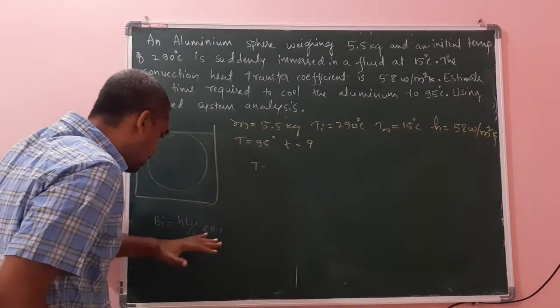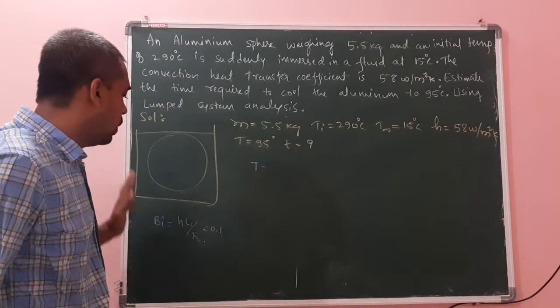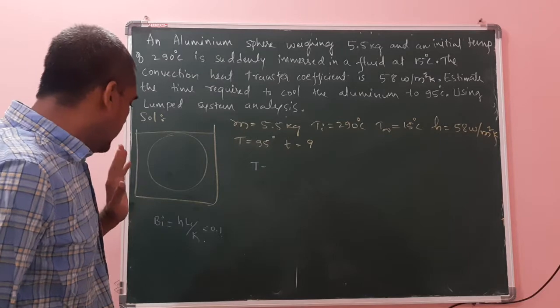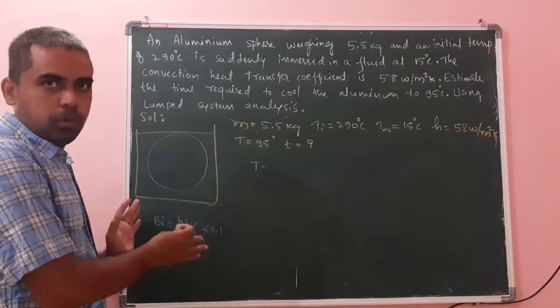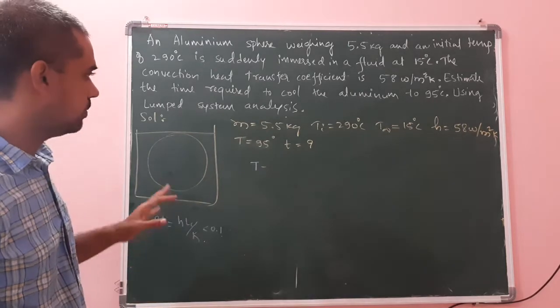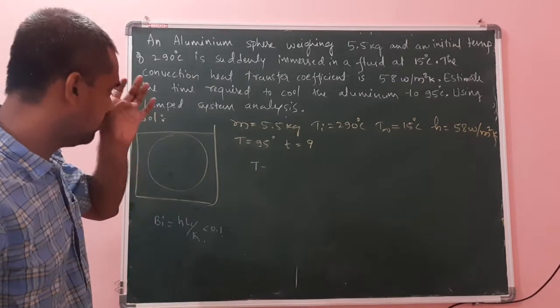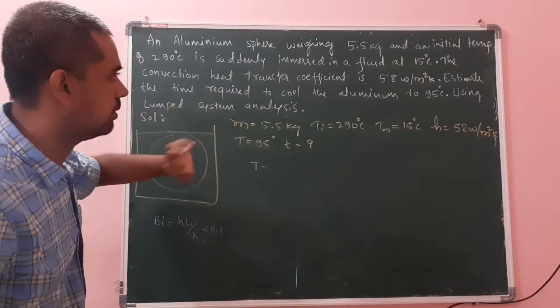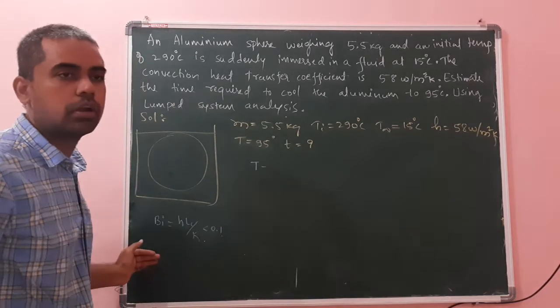If the Biot number is less than 0.1, it has been proved that we can take it as a lumped system. Therefore, if they don't give lumped system analysis, you have to calculate the Biot number.